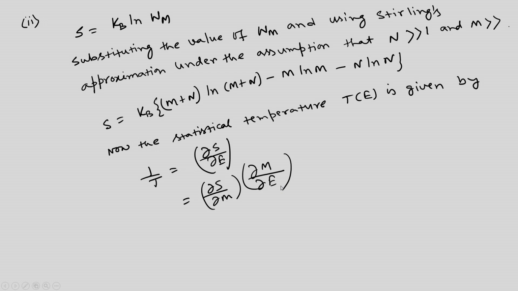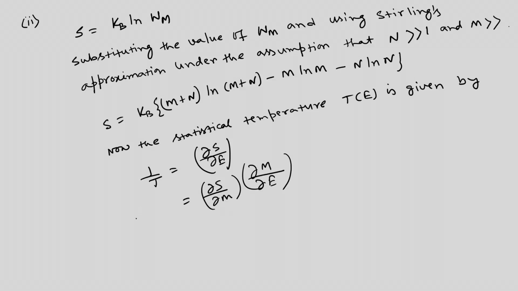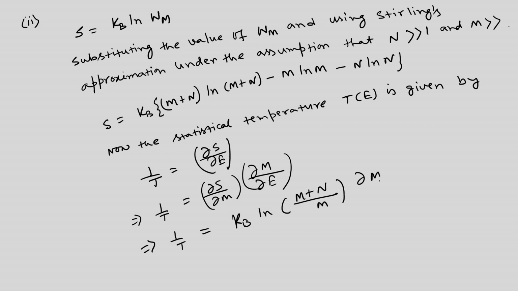So temperature can be expressed by 1 by T equals del S by del E, and then if we further proceed, we get 1 by T equals del S by del m times del m by del E, and so we get 1 by T equals k_B ln (m plus n) by m del m by del E. Okay, so, if we differentiate S with respect to m, we get del S by del m is k_B ln (m plus n) by m.